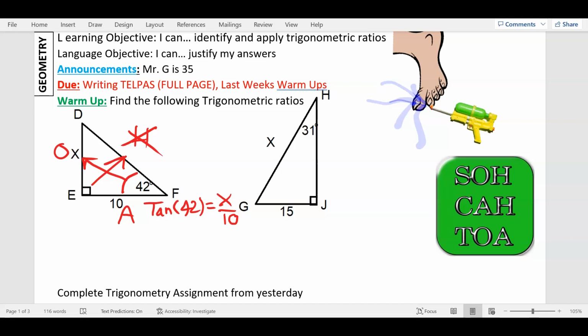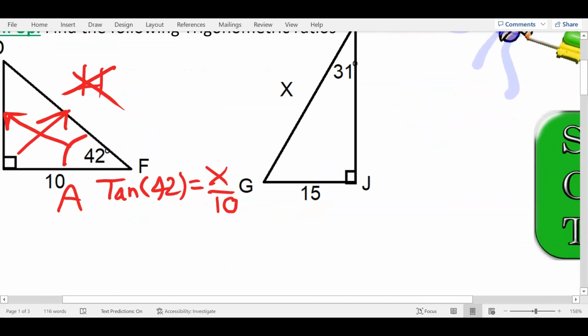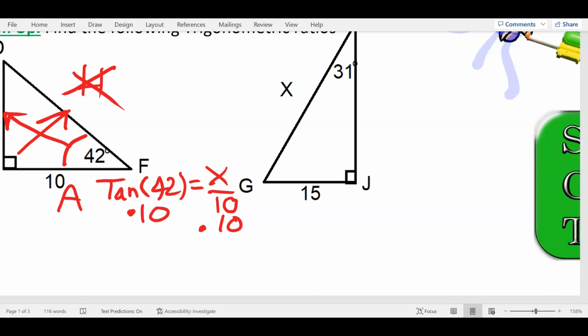What's the opposite of dividing by 10? Multiplying. So we'll put times 10 on both sides, okay? Times 10, times 10. On the right side, it cancels out, right? That's why I did it. I want X by itself, so the 10's canceled out on the right. If I rewrite this, it'll be X equals tan 42 in parentheses times 10.